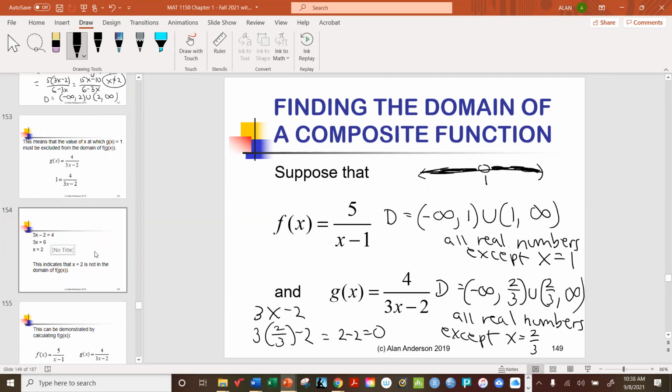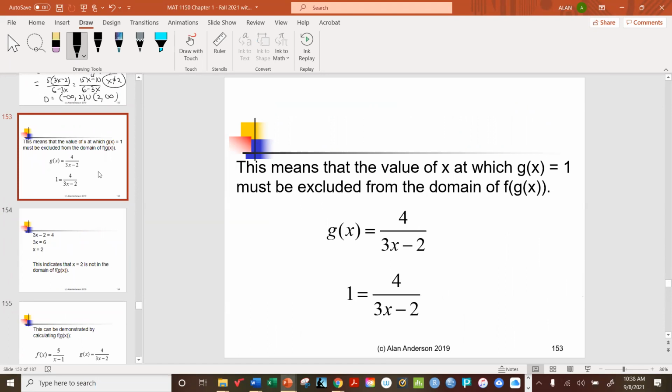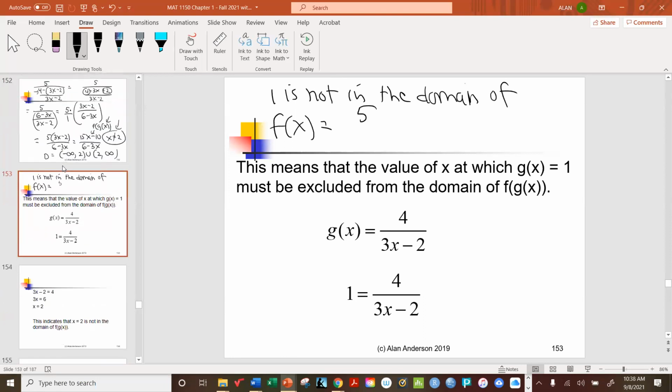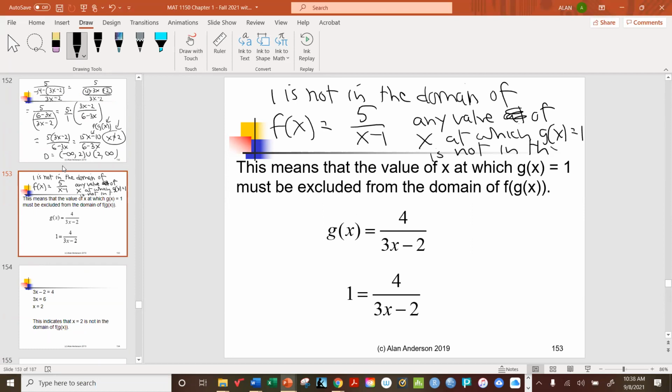Therefore, what that means is that since 1 is not in the domain of f of x equals 5 over x minus 1, that means it cannot be any value of x at which g of x equals 1 is not in the domain of f of g of x.